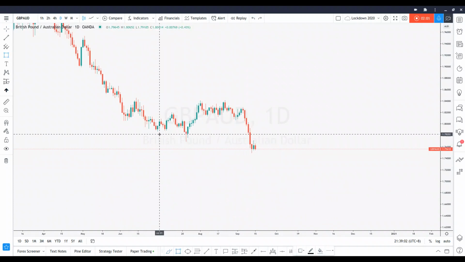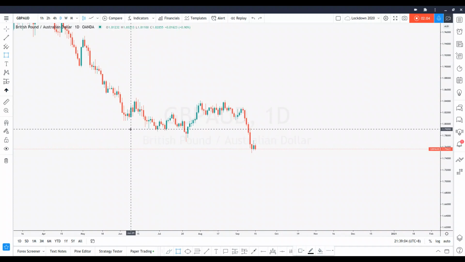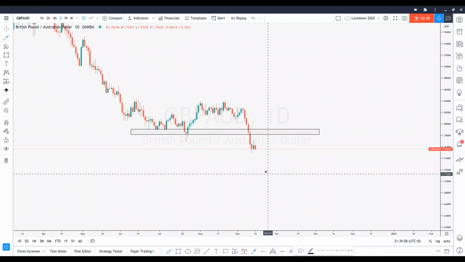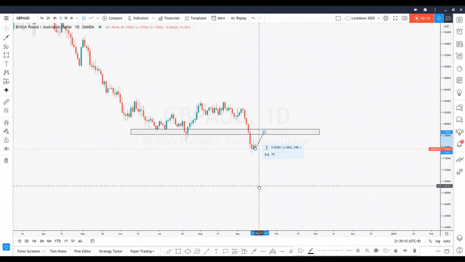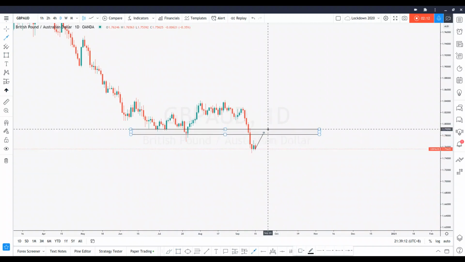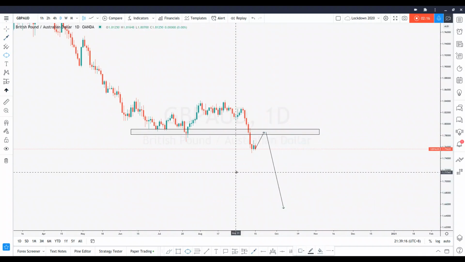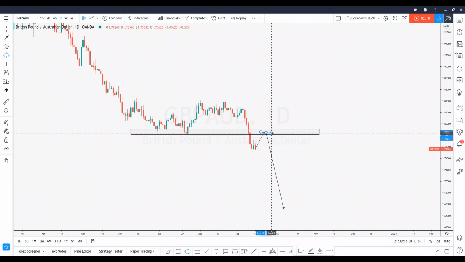But on the other hand, if the market will now come up and retest this area that we found on the weekly time frame, which it possibly will, then I will be looking for a very good shorting opportunity with a very good risk reward and a very good probability trade.